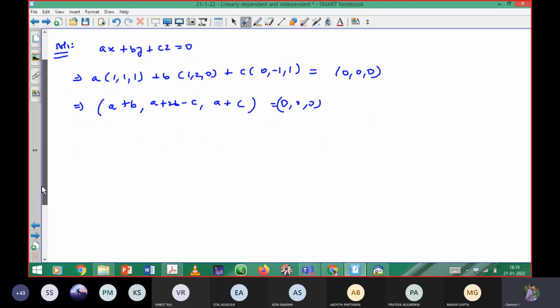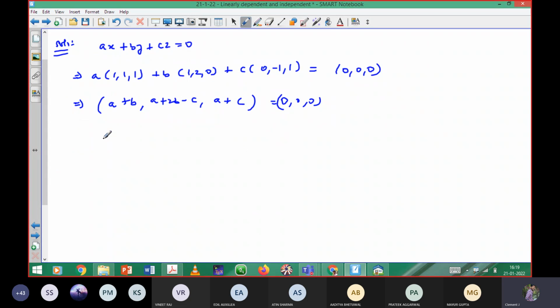Then further I can equate on both sides the respective coordinate positions. So here I get a plus b equal to 0, then a plus 2b minus c equal to 0, then a plus c equal to 0.